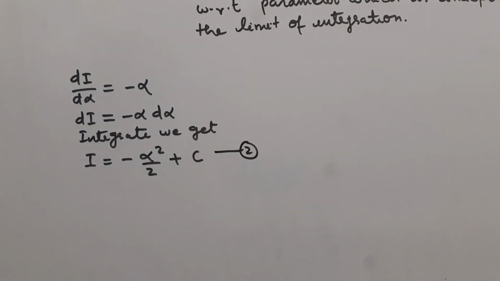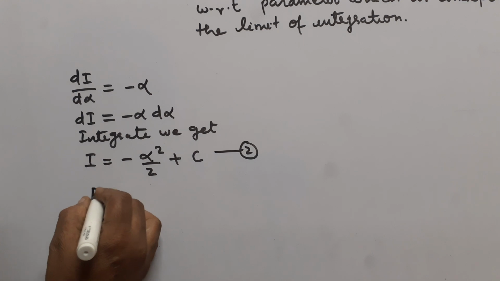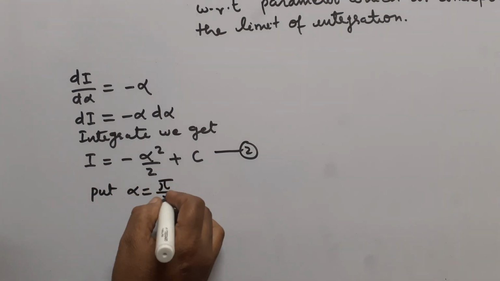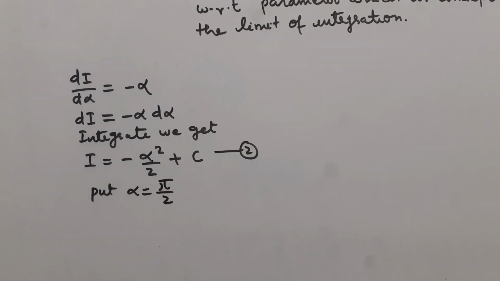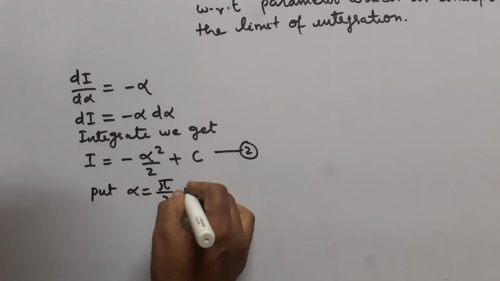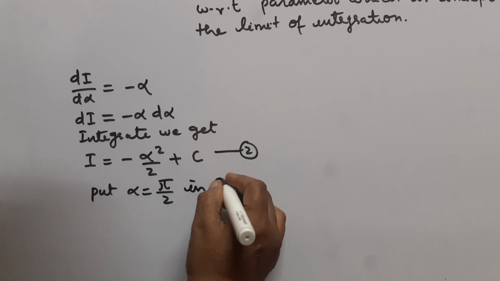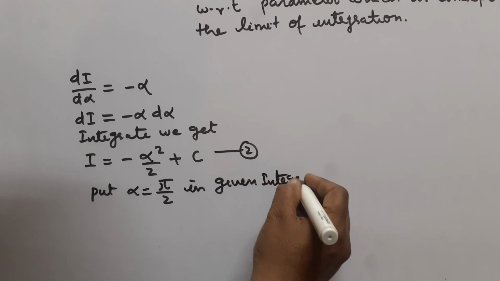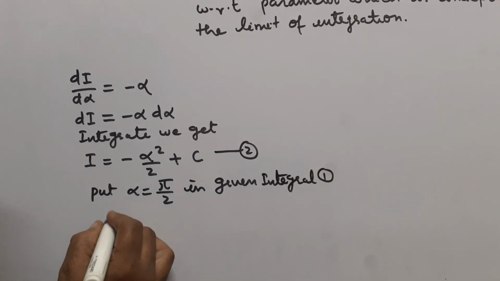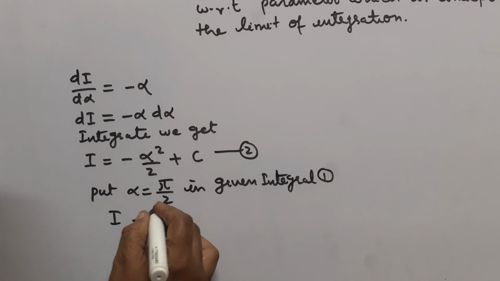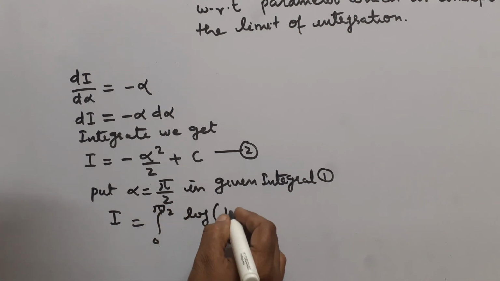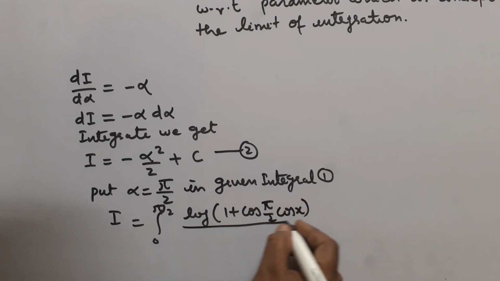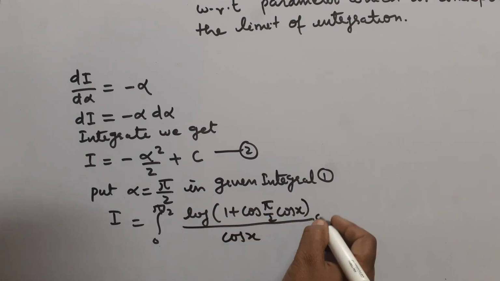Now we put alpha is equal to pi by 2. We can see when we put alpha is equal to pi by 2 in the given integral, I is equal to integration of 0 to pi by 2 log of (1 plus cos pi by 2 multiplied by cos x) divided by cos x dx.